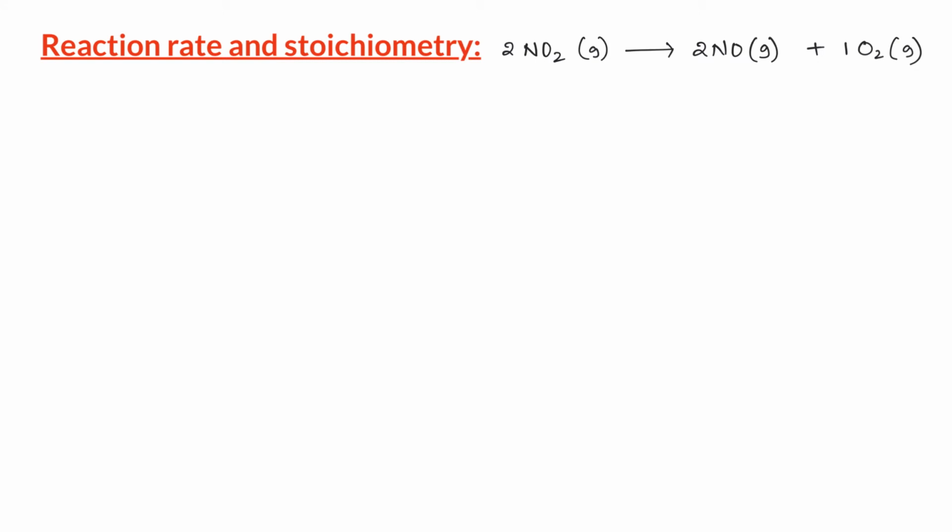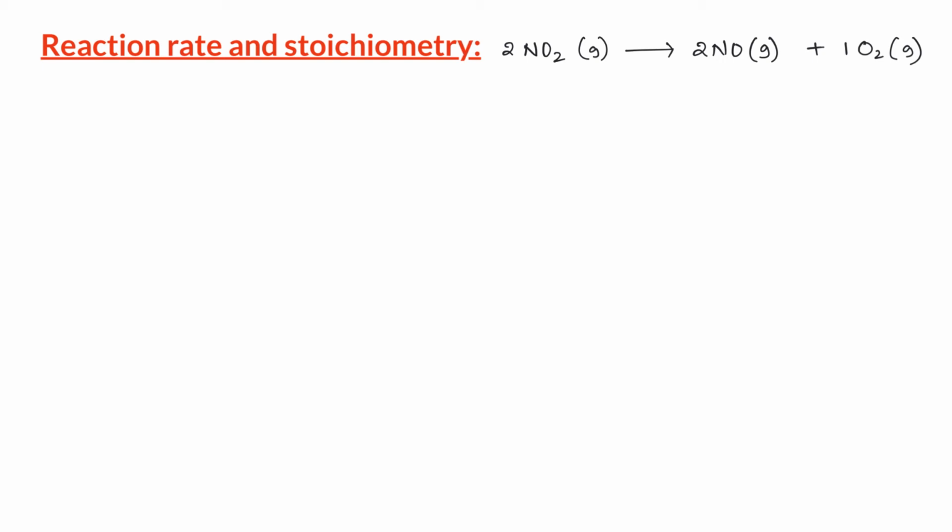Earlier, we learned two different ways to express the reaction rate. That is, the rate of appearance of products or the rate of disappearance of reactants. The rate of appearance of products and the rate of disappearance of reactants are indeed connected to each other. For example, let us consider the following reaction. 2 moles of NO2 gas gives 2 moles of NO plus 1 mole of O2 gas.